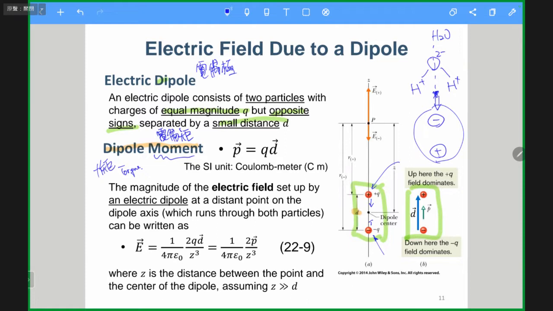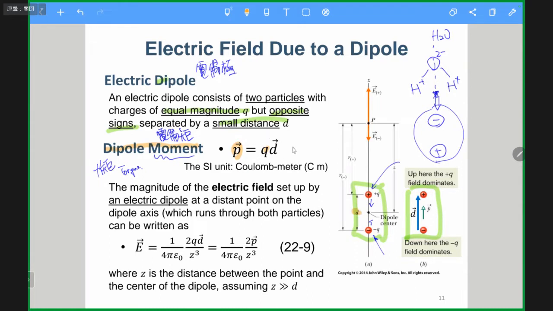So this is the definition. P here is the dipole moment, and q is the charge amount, because as in the definition of the electric dipole, it has the charge amount of q, plus q here and negative q here. We take the positive value q and multiply by the distance d.